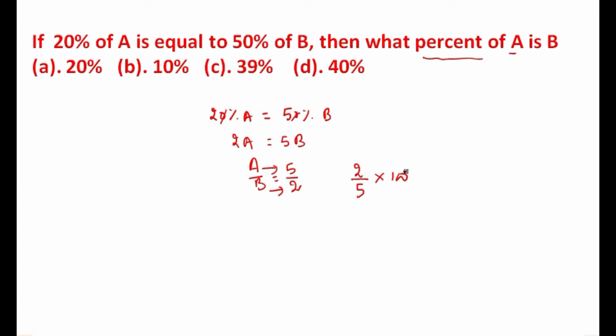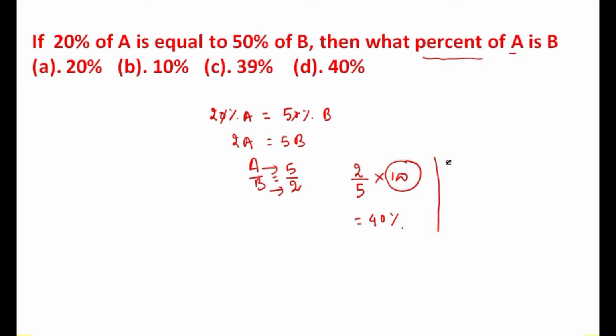Look guys, here I'll tell you one very good trick. Don't touch this 100, okay? And you know that 1 by 5 in the percentage form is 20%. So just multiply 20 with 2. So you'll get 40%. Getting my point?